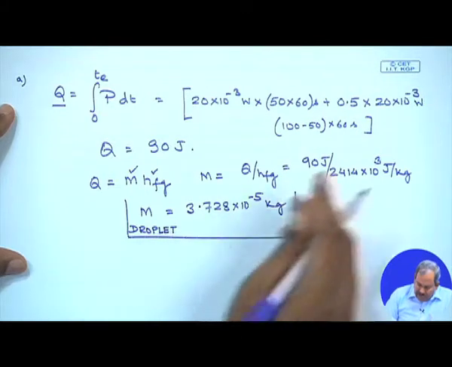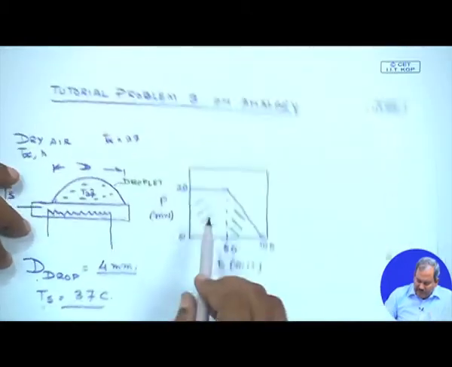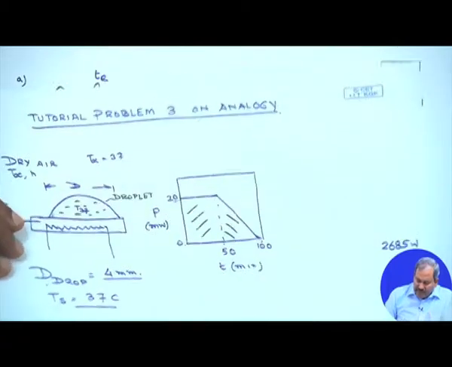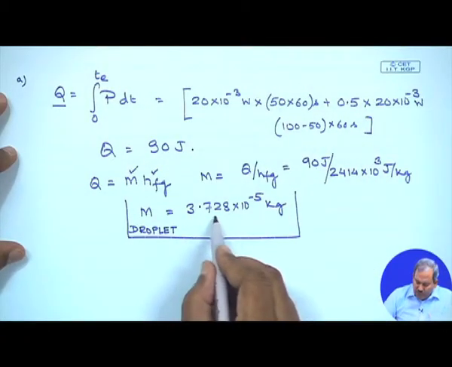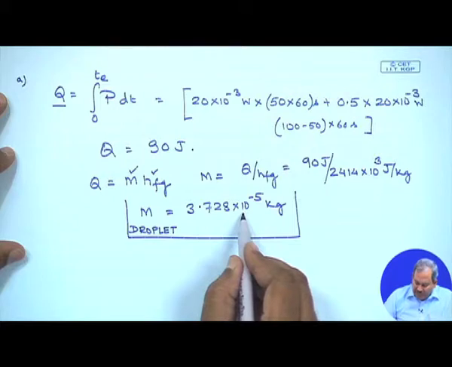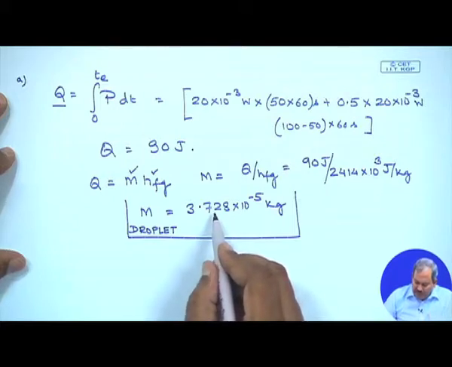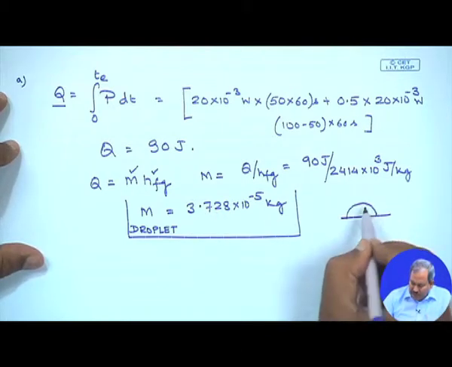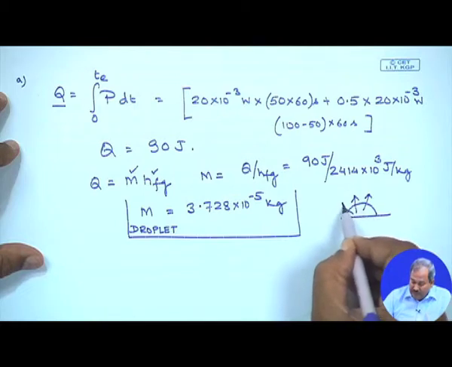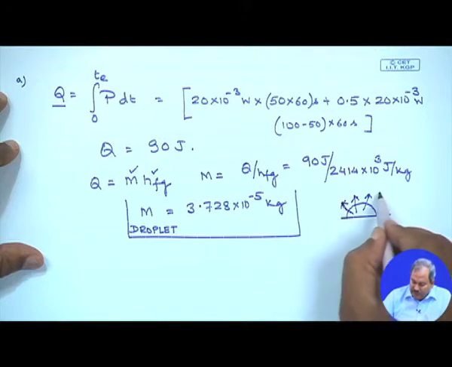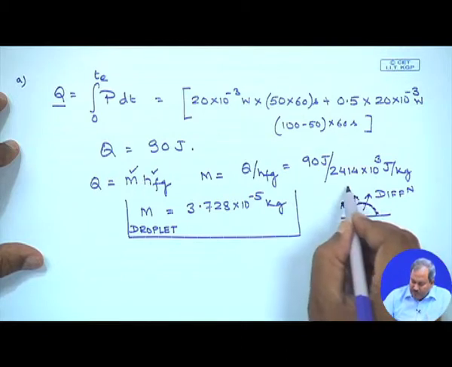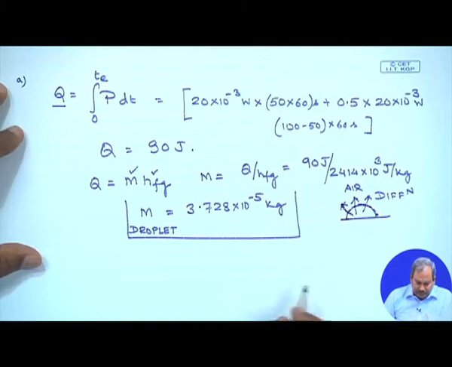While this droplet is getting completely dried up over a time of 100 minutes, this much amount of water must change its phase by a diffusive process, from where the droplet is going towards the air. So, this is the mass which is going due to a diffusion process from the surface of the droplet to the air surrounding it.